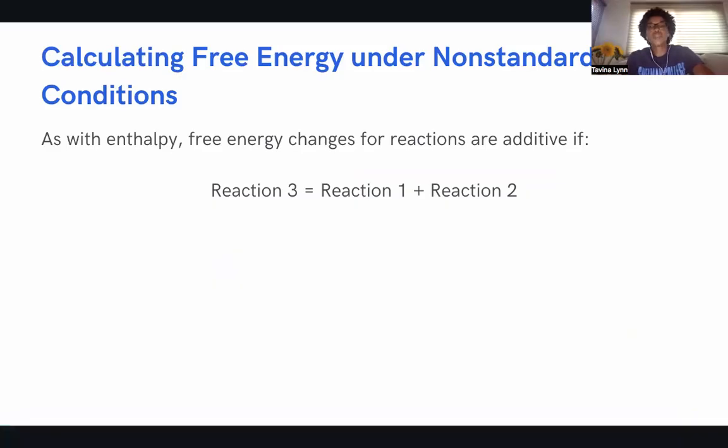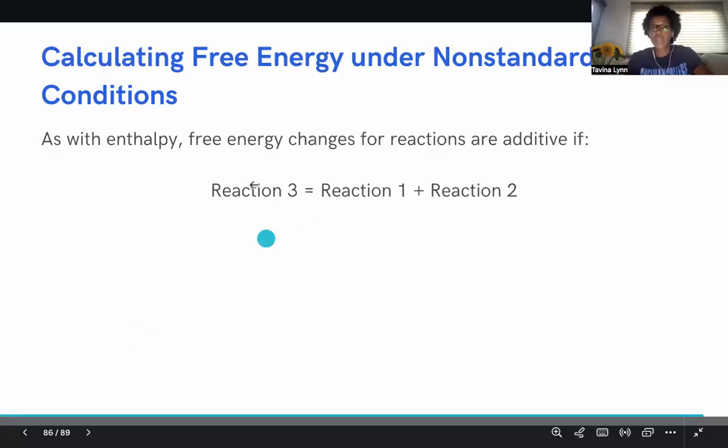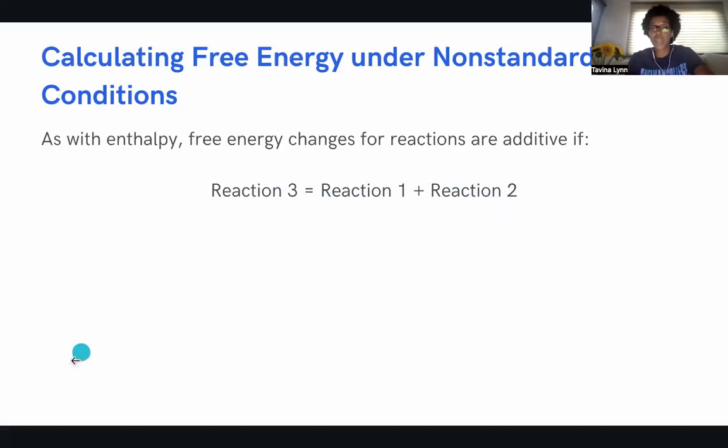Just like with enthalpy, free energy changes for reactions are additive. What I mean is if there is a process that can be broken down into stepwise processes, which we talked about last week with enthalpy, then this is also true when looking at free energy: reaction 3 is equal to reaction 1 plus reaction 2.